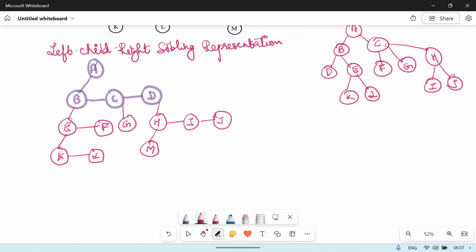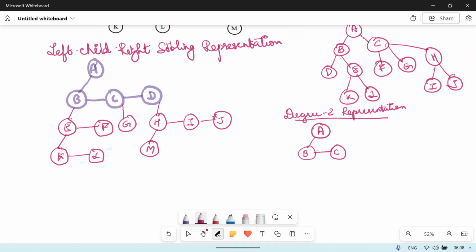In case of degree 2 representation, the first child will remain to the left itself. See here, A will be there. Its child will remain as it is to the left. Then whatever its sibling is there, the next sibling, like this it is there.